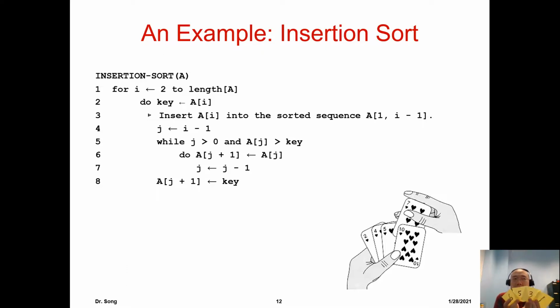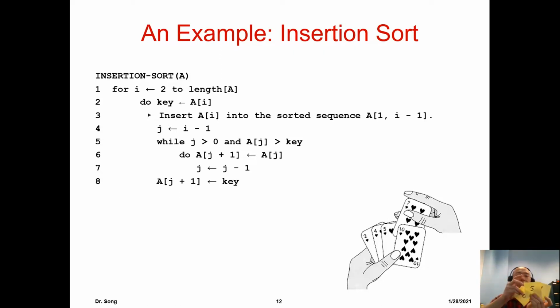So what's the idea behind the insertion sort? In the insertion sort, we are using one hand to hold what? To hold a sorted portion. So it doesn't matter what values we have. Say we have 1 and we have 6. Okay, 6 goes here. And then we have 5. 5 goes between 1 and 6.